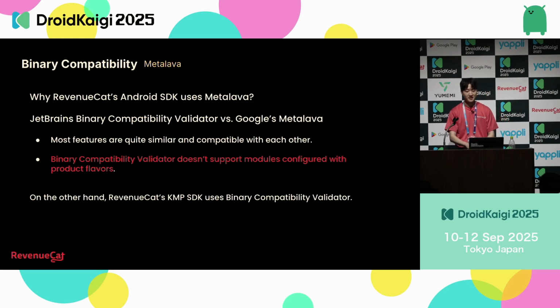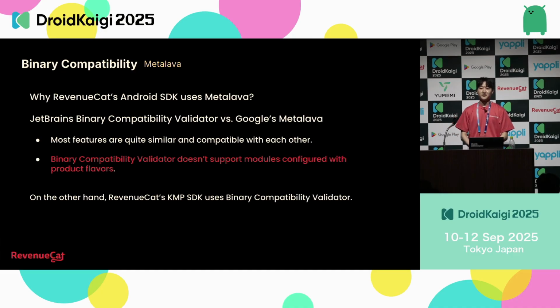Well, in functionalities, they don't have huge differences in most cases, but the binary compatibility validator doesn't respect the product flavors in the Android project, since the plugin was initially designed for Kotlin projects.